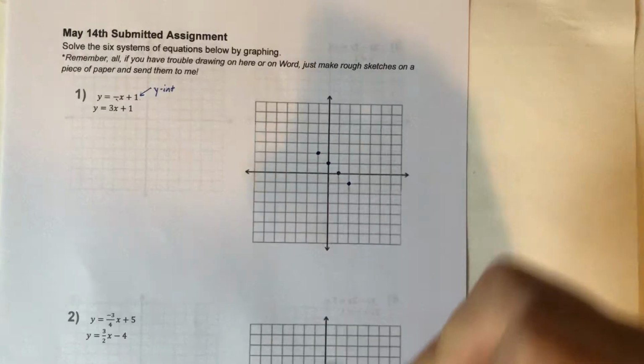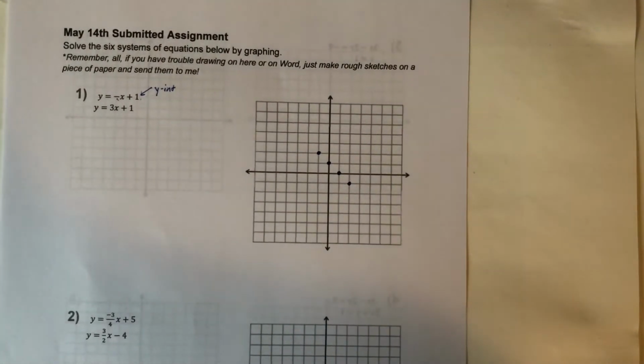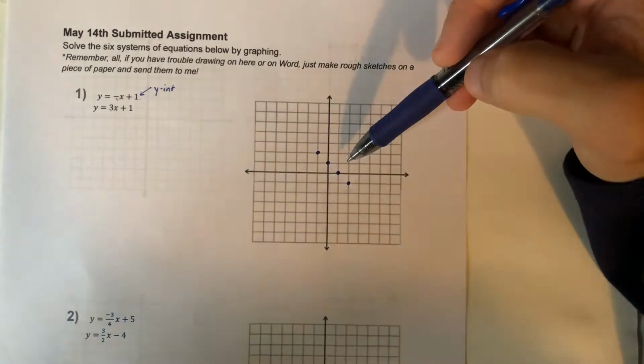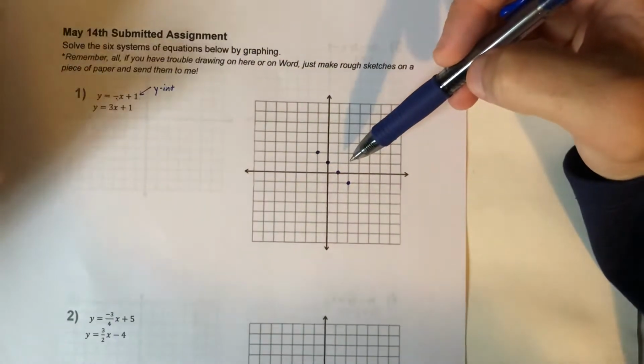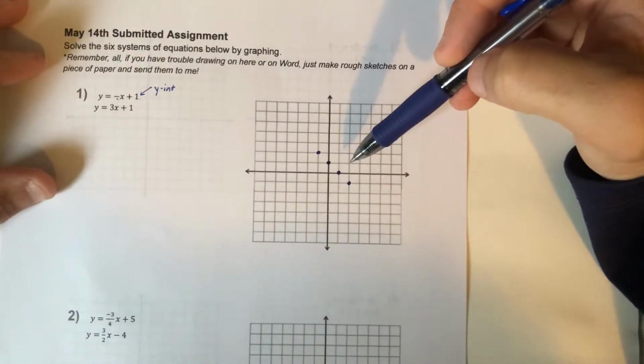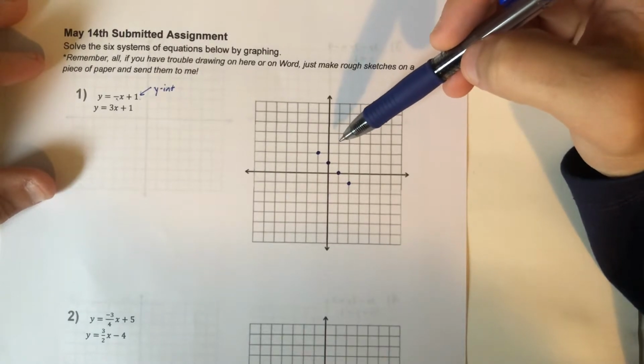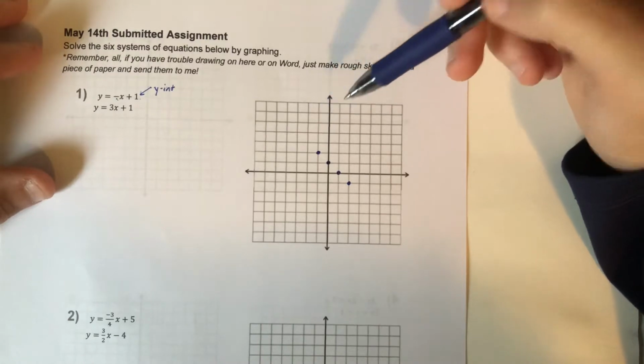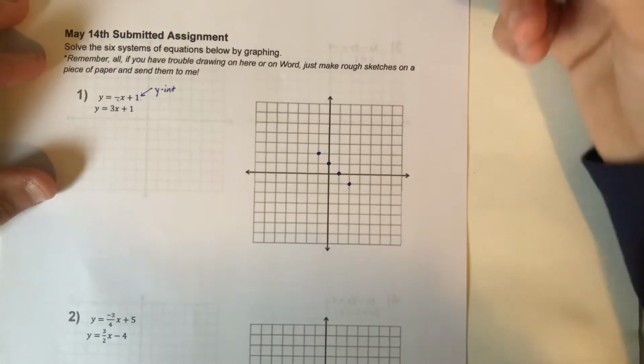Some people do like to, for solving systems of equations, make points all the way across their graph. I would say make a couple more than usual, but you don't necessarily have to if you can find out where they're going to intersect nicely.